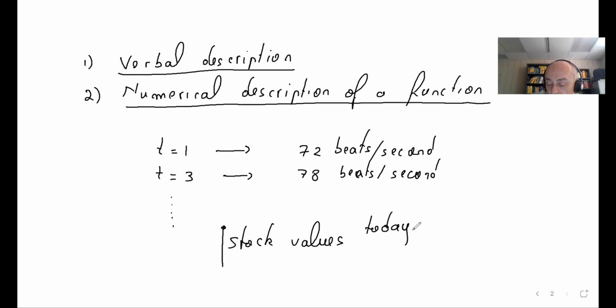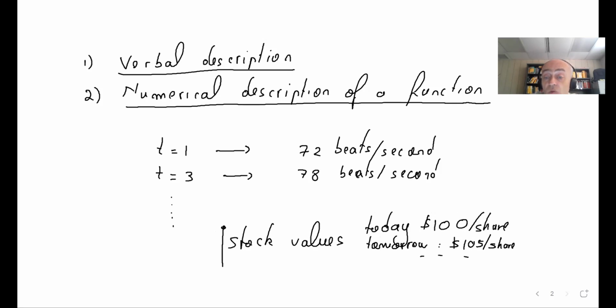Today, $100 per share. Tomorrow is, I don't know, 105 per share. And so on and so forth. Ideally, we should get a formula predicting the stock values, but you know that's not possible, because if anybody knew a formula, they would get rich very quickly.